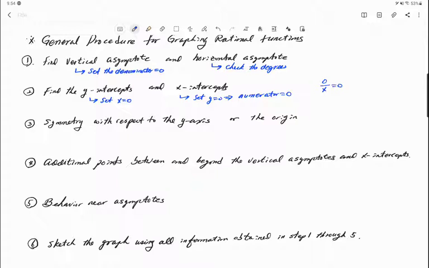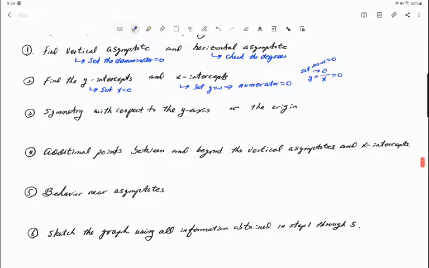So we always set the numerator equal to 0 so that the y value will be 0. Those are the x-intercepts.